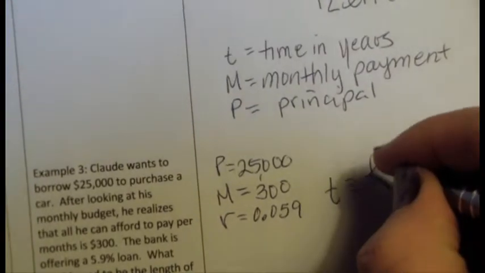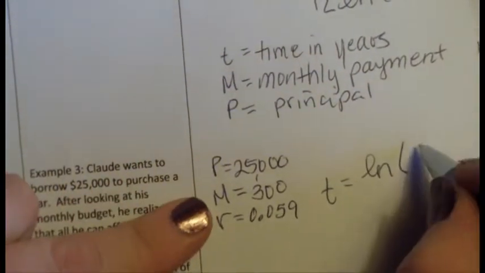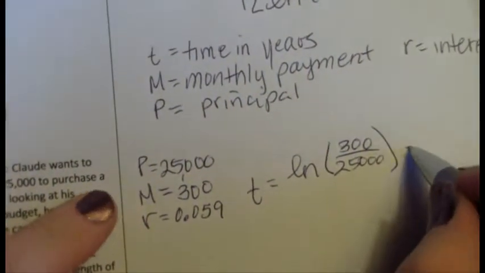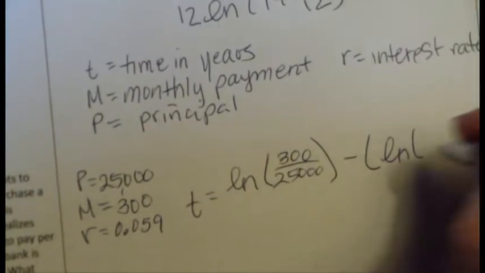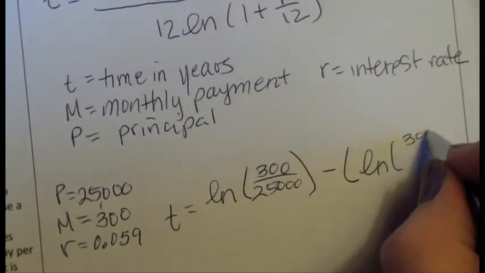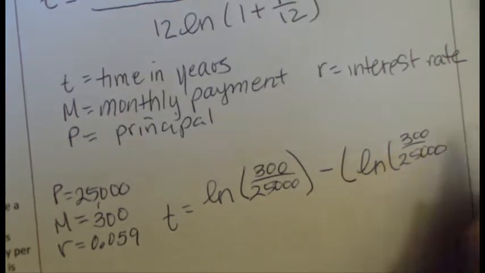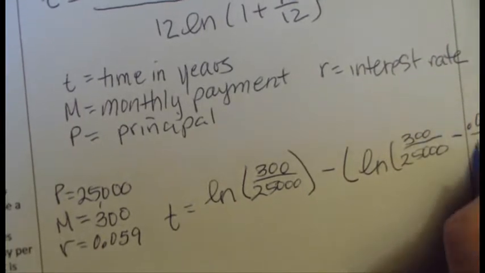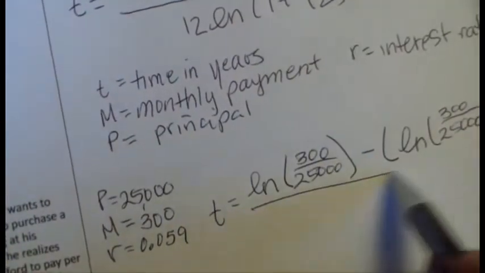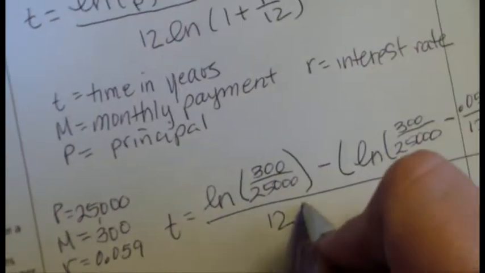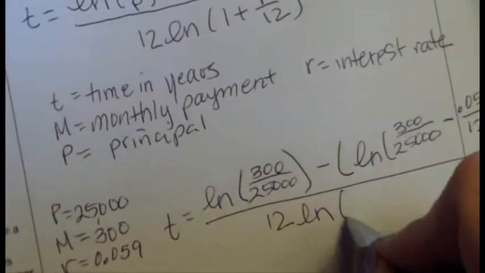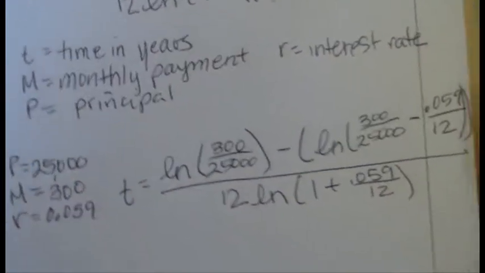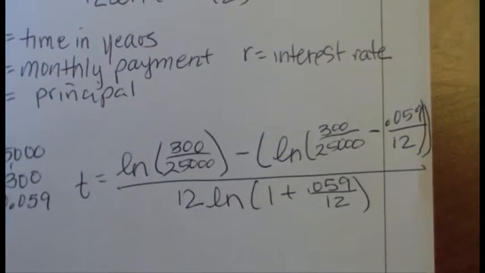So T is the natural log of 300 over 25,000 minus natural log of 300 over 25,000 minus 0.059 over 12, all divided by 12 times the natural log of 1 plus 0.059 over 12. All right, so that's what we're going to plug into our calculator.